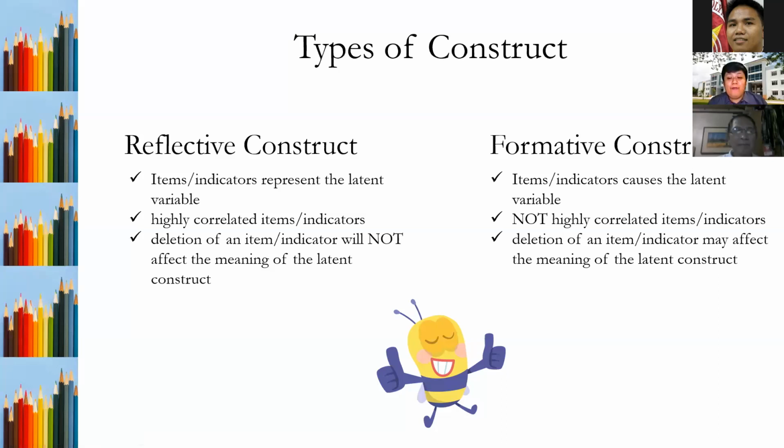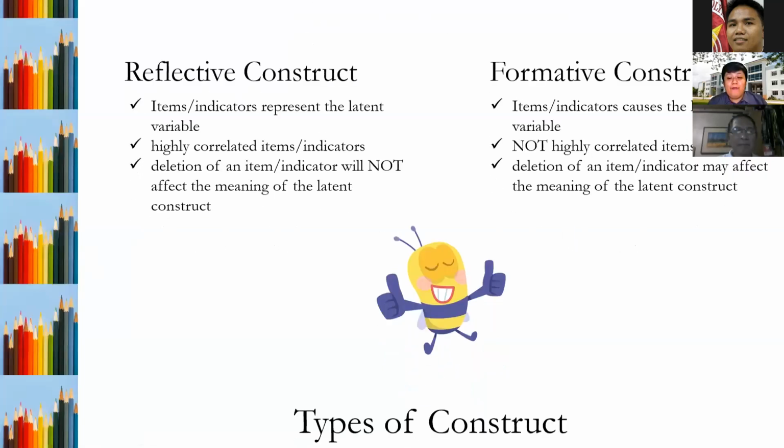Unlike a reflective construct, where if we delete 1 item, the 4 items can still measure.